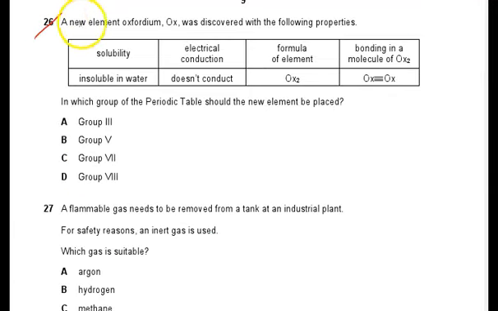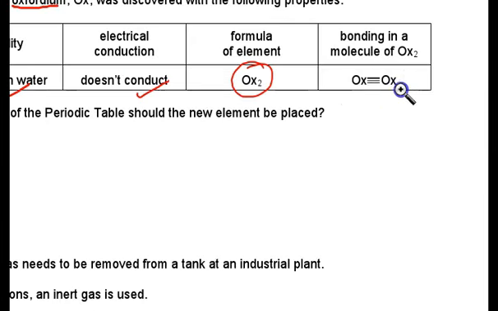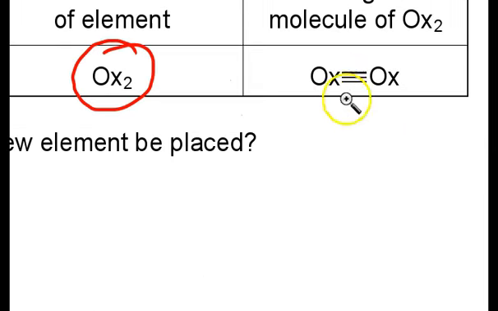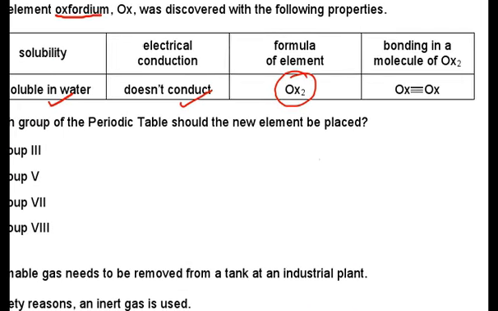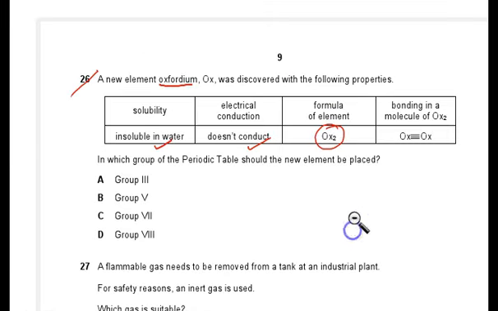Okay, 26. A new element of orphidium was discovered with the following properties. Insoluble in water, doesn't conduct. Formula of element is X2. They have a diatomic molecule here, and the bonding, let us zoom this, is triple bonding.